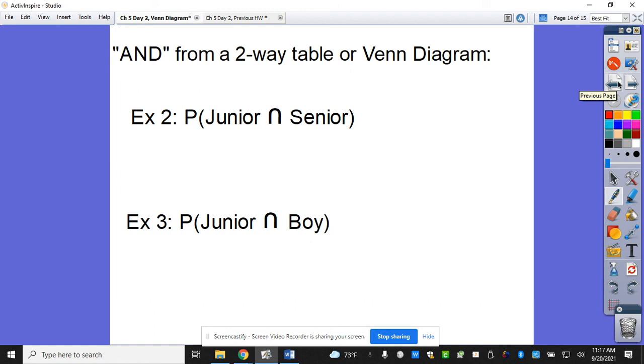So with example 2, what is the probability that someone was a junior and a senior? What is the probability that someone was a junior and a boy? I want you to write these down.